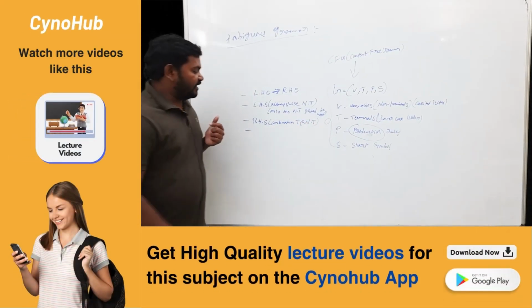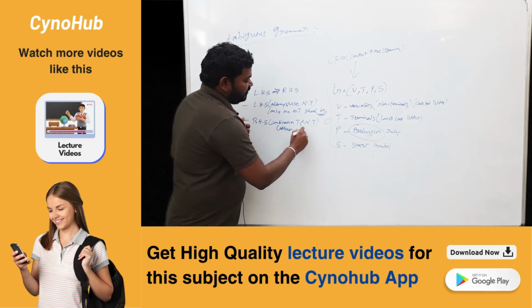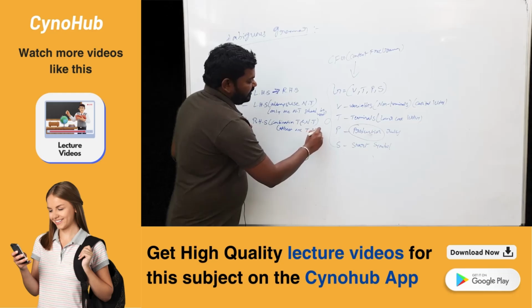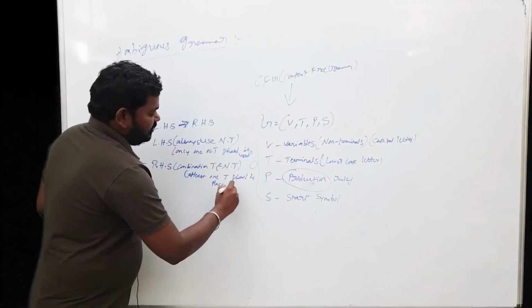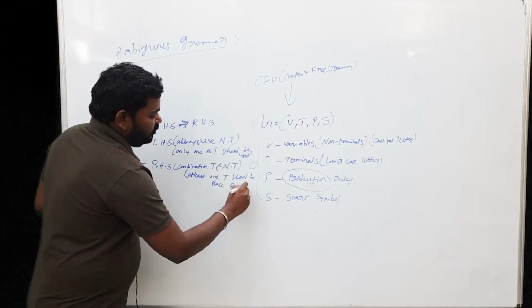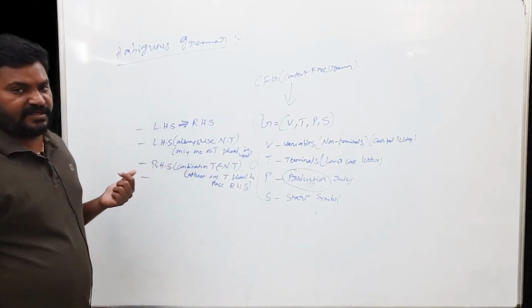And next one, at least one terminal should be placed in the RHS. Why? Because to generate any string, we must use one terminal at the right hand side.